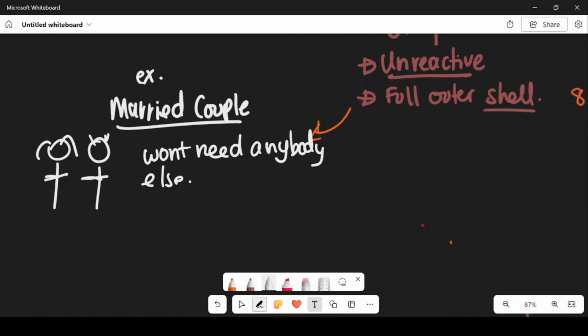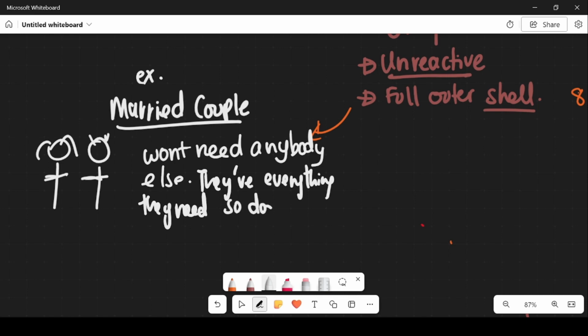So they don't need to go to places. They don't want to go and get to know people, to go find new people.